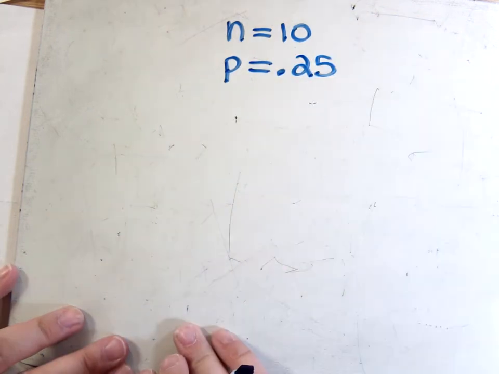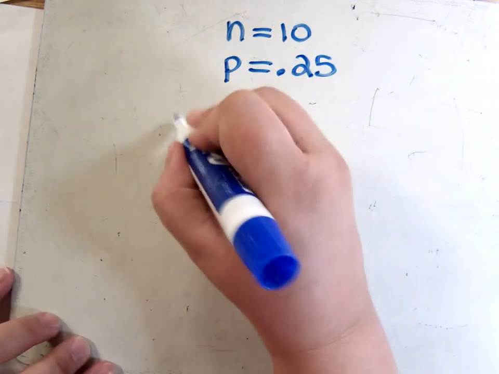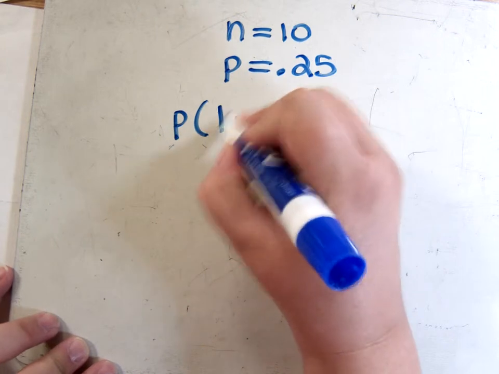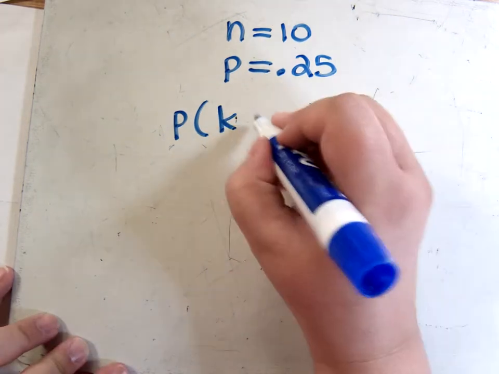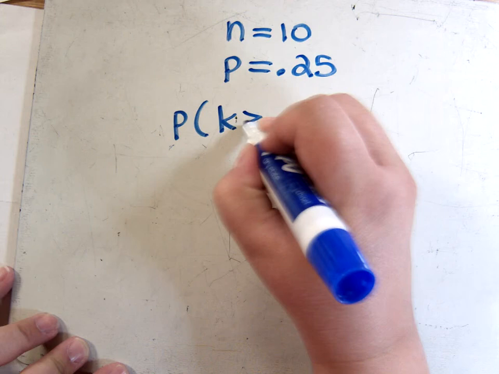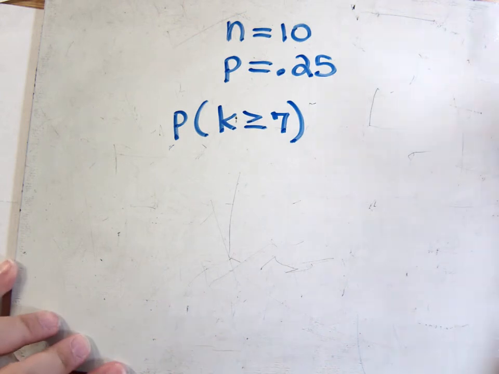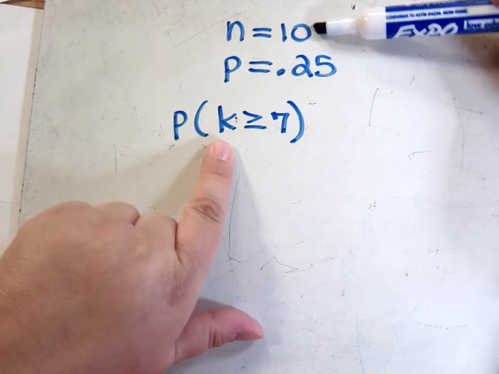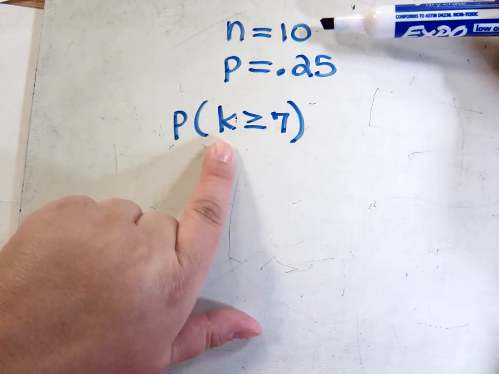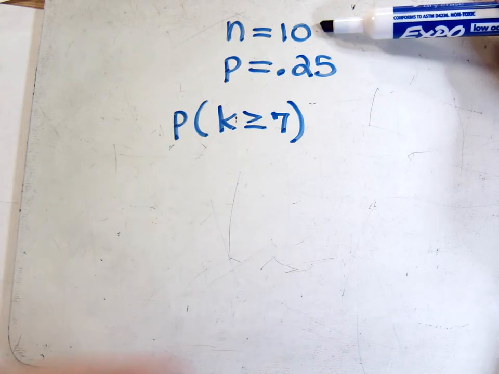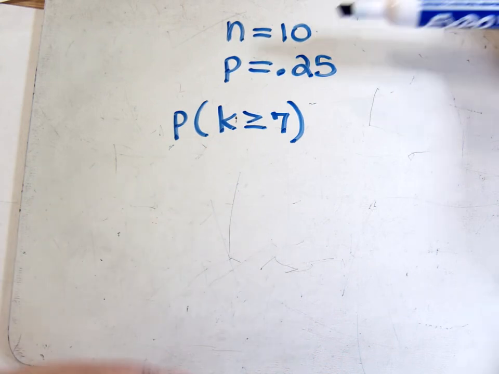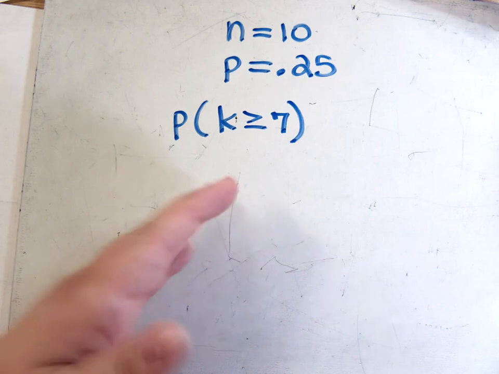Okay, and I want to know the probability that k is greater than or equal to 7. If I have n trials, k is the number of successes. I could have k equals 0, k equals 1, k equals 2, k equals 3. All the different possibilities are from 0 to 10.